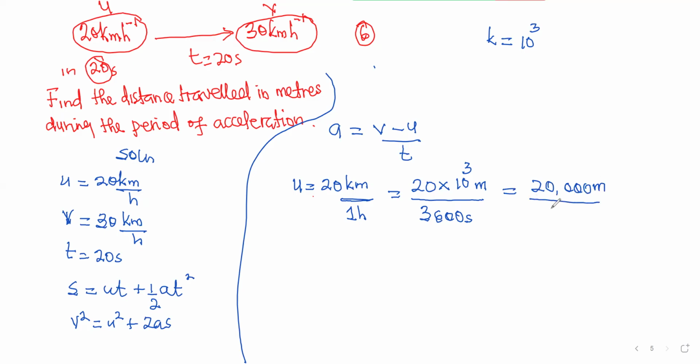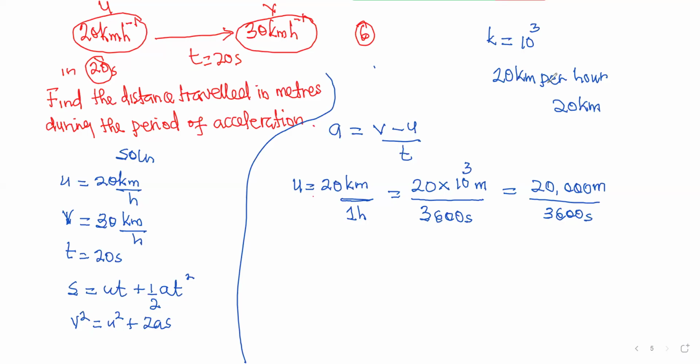Again, I don't understand. Come again. You said you don't understand what? How you got U is equal to 20 kilometers over 1 hour? You see, 20 kilometer per hour means we have 20 kilometer.